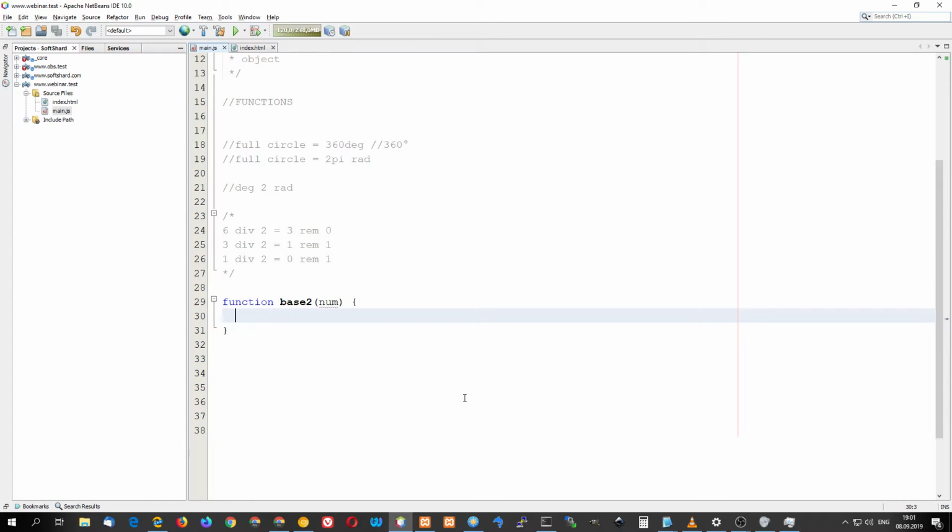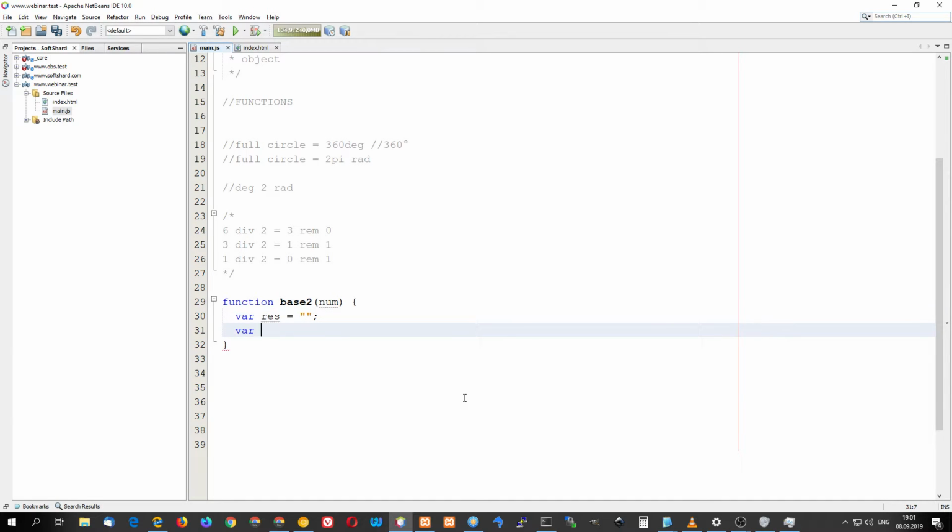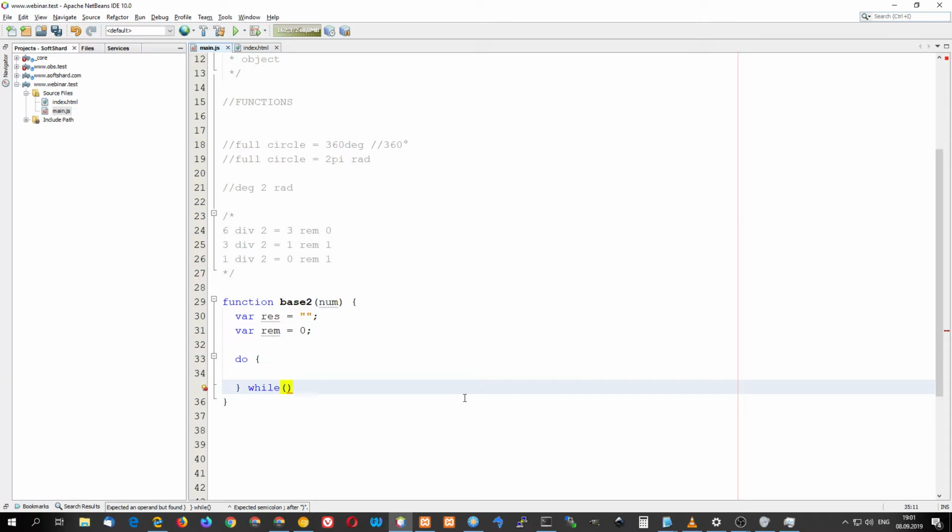So let's do it like this. We have some sort of result that will contain the result of our computation. It's going to be a string, not a number, and we're going to work with some remainder. We're going to do a cycle that will run at least once until the number that we're dividing over and over again becomes 0.